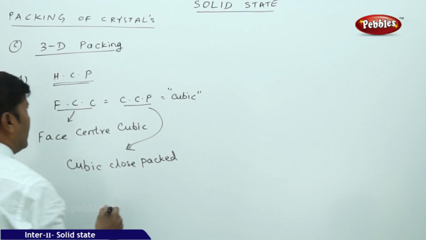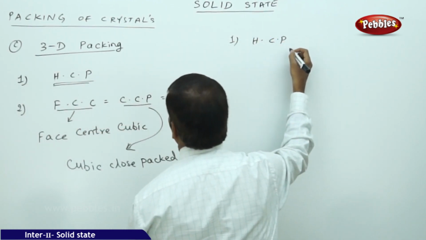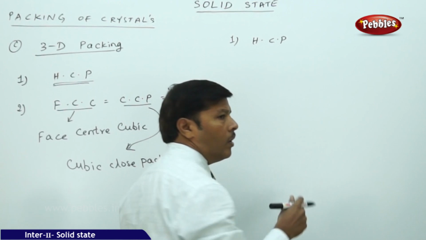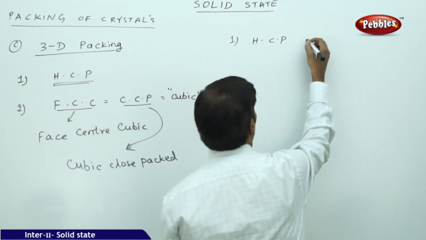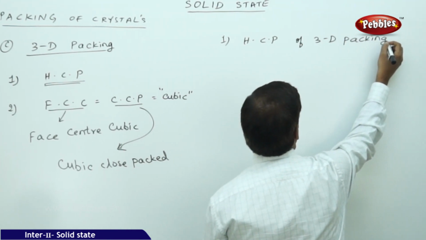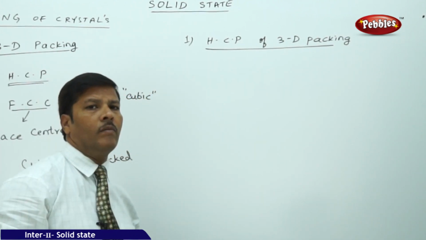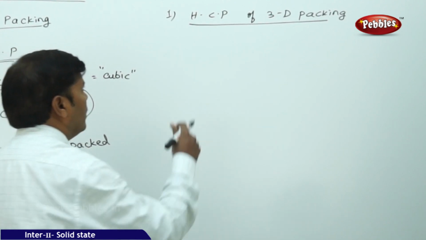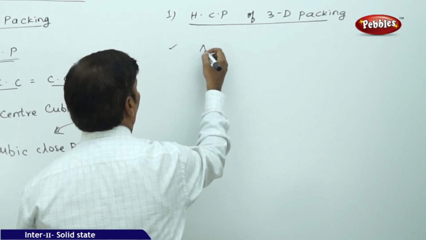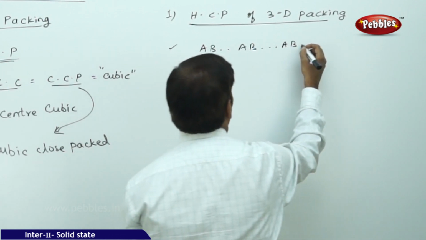Suppose I take the first case, that is hexagonal close packing, HCP, the hexagonal close packed crystal lattice of 3D packing. Here in the case of hexagonal close packing of 3D packing, the arrangement is again AB type of arrangement.